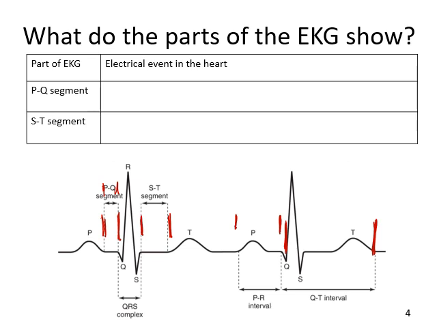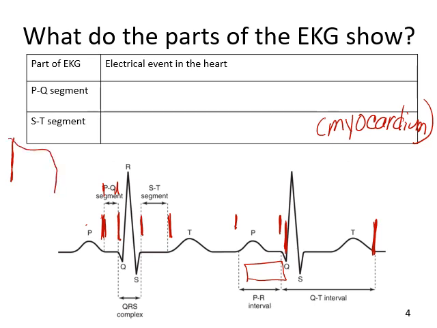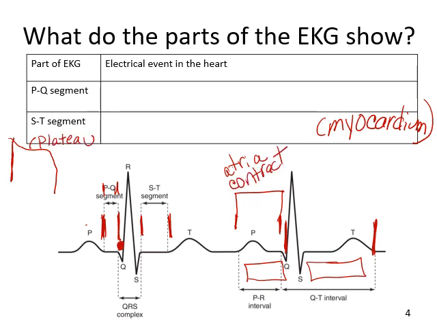So we've got the PQ segment. Let's think through what this PQ segment might be. It's a place where we're not seeing much change in charge. The PQ segment is showing you that the plateau is happening. If our atria depolarize right here, and they're going to repolarize over here, what's happening in between is that plateau phase where there's not a lot of change in charge.